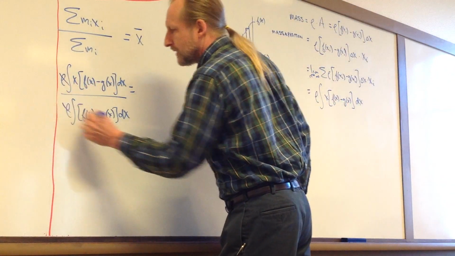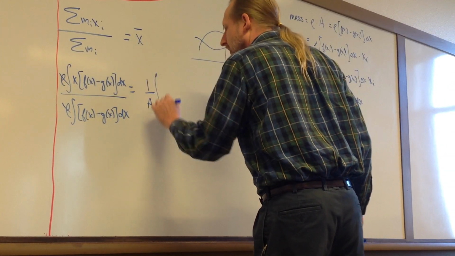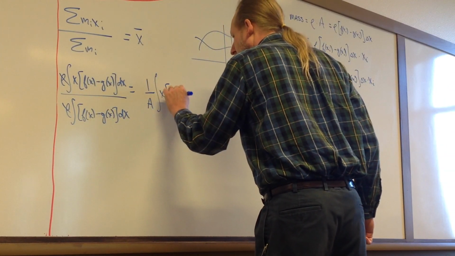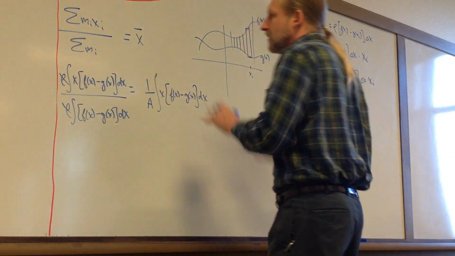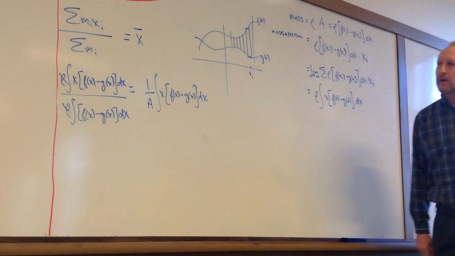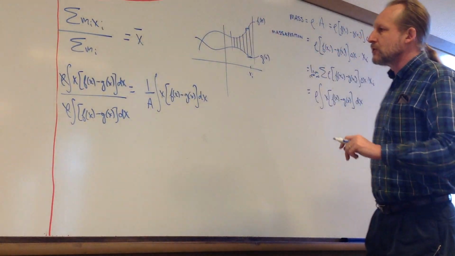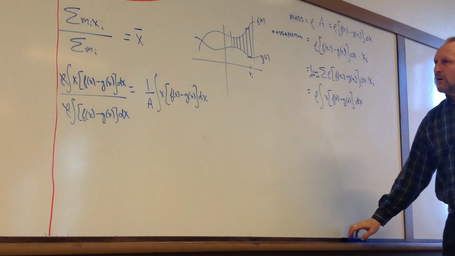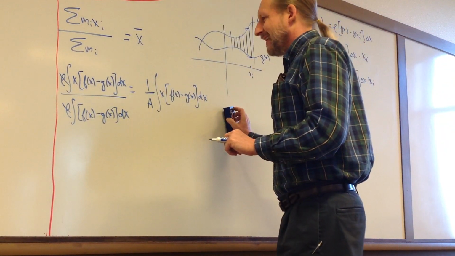And again, those densities cancel each other out. And this is again 1 over the area, integral x times f minus g dx. So there's our formula for x bar if we've got a figure that's between two curves. Okay, one more derivation.